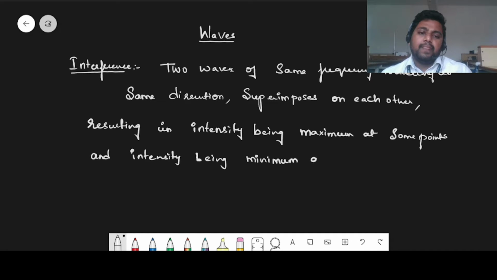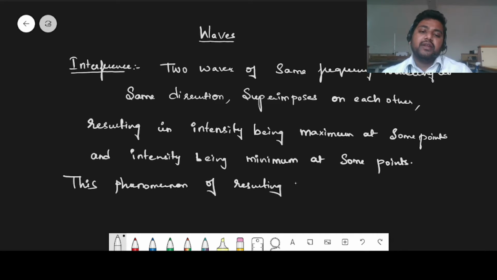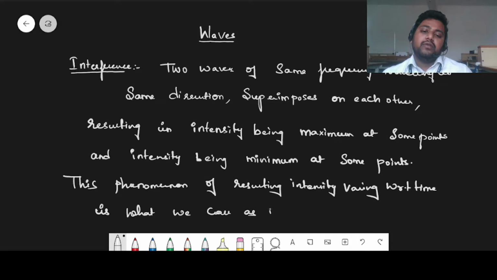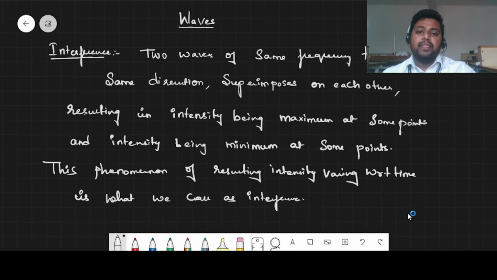Now this phenomenon of the resulting intensity varying with respect to time is what we call interference. I hope you can see it now clearly.